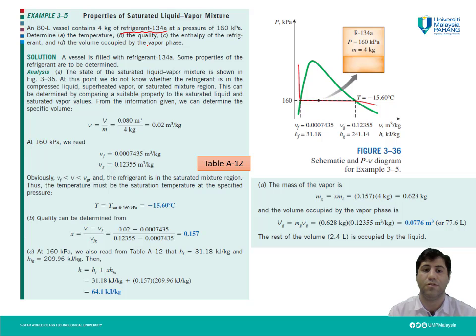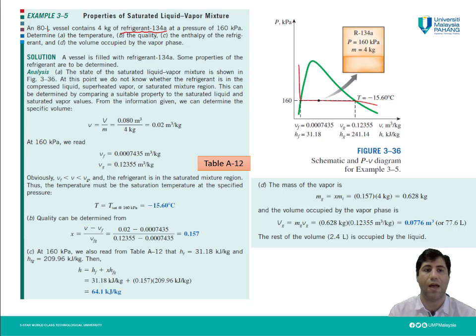Also we will see how to use that X when we don't have enough information to use the simple method, just using the mass of the substance. We could determine the properties, which was the specific volume in the previous example, for the substance which we had. So here we will see how to use that X.